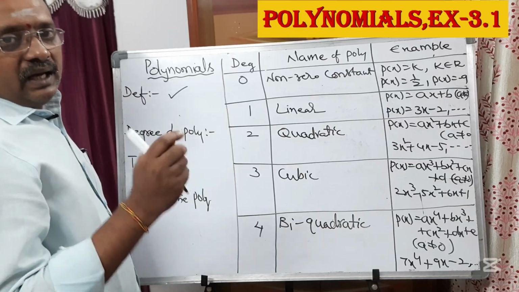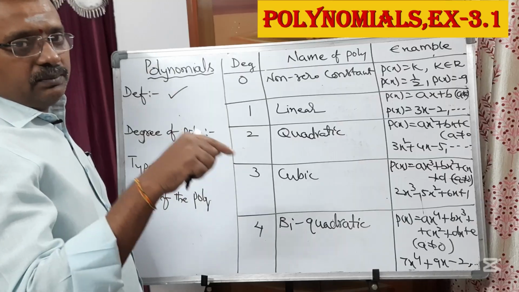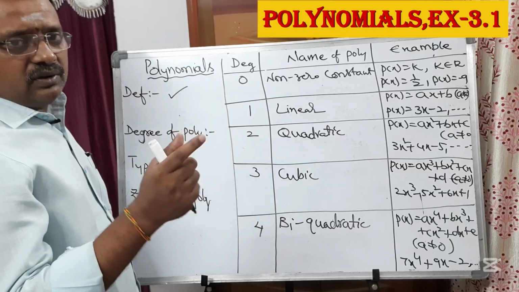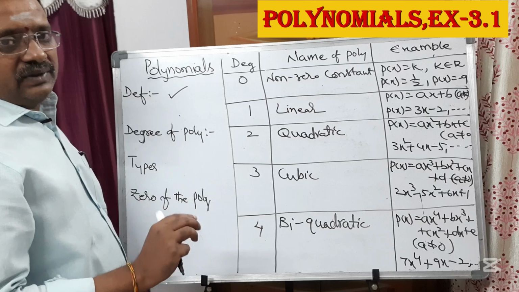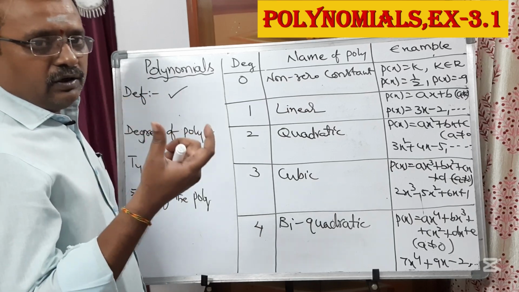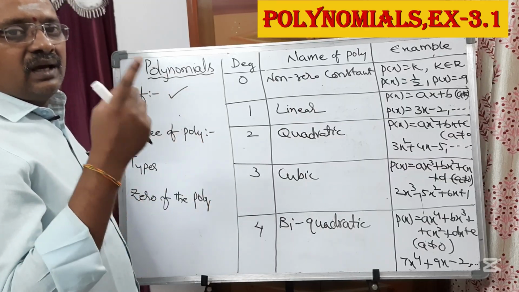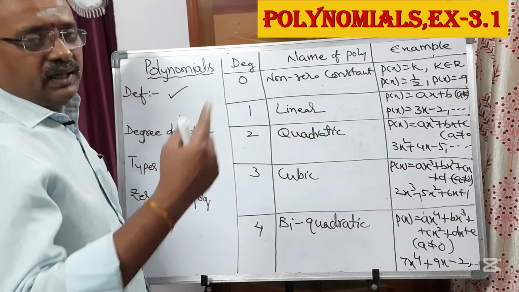Depending upon the number of terms of the algebraic expression, you can also have types of polynomial. If a polynomial has only one term, it is called a monomial.